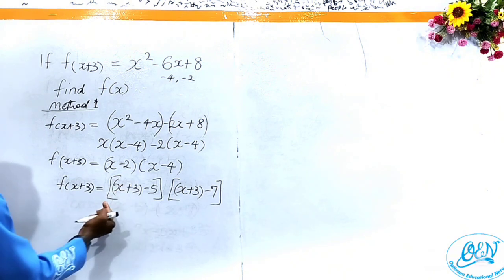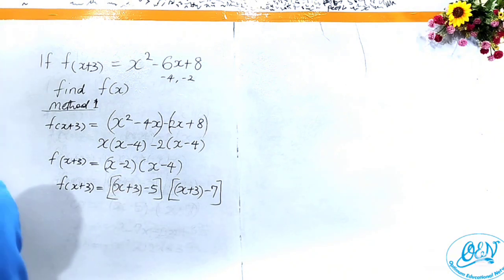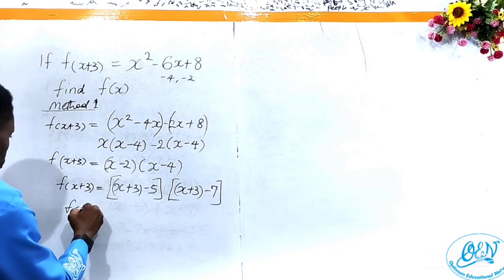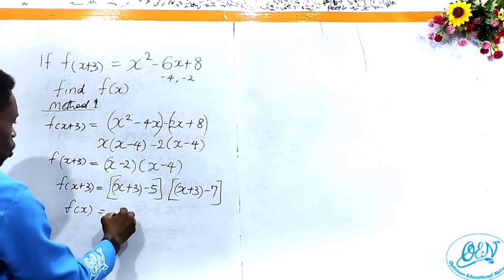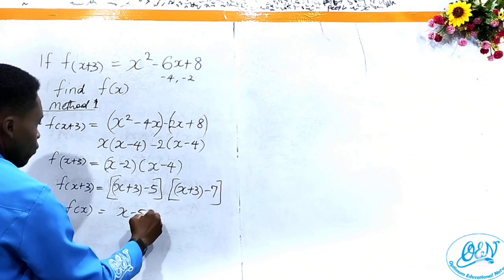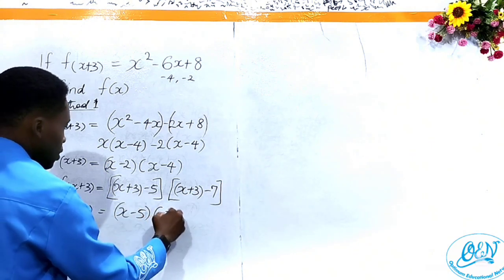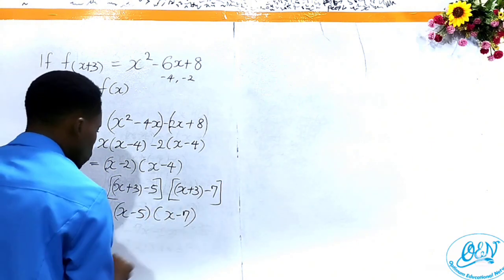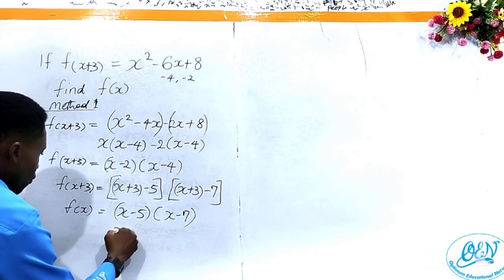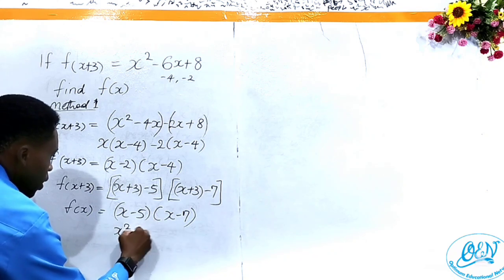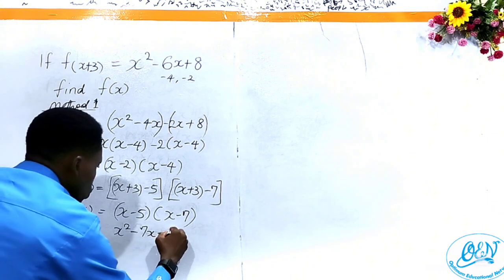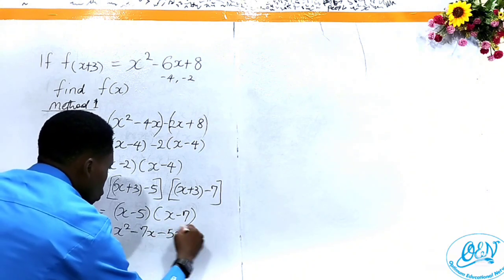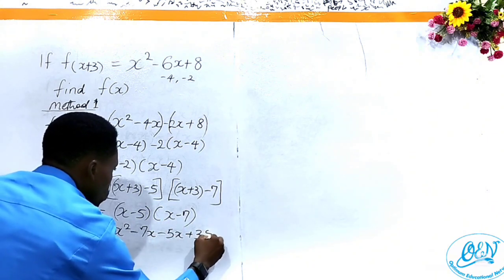So now to find our f of x, we replace this with x. We'll have x minus 5 and x minus 7. Expanding this now, we'll have x squared minus 7x minus 5x plus 35.